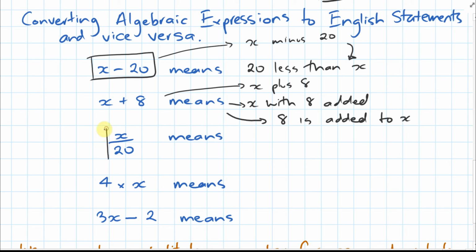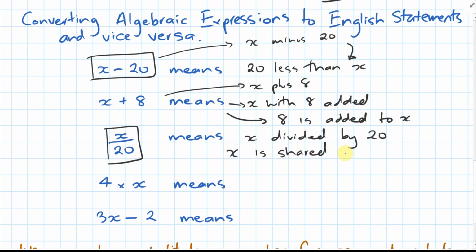Okay, this expression here, of course, literally it would mean x divided by 20. Although another way of thinking about it is that x is shared, say, amongst 20 people, if there was a context related to people.